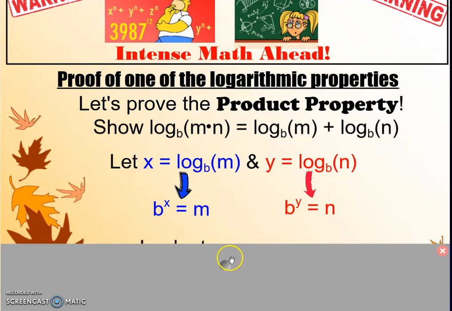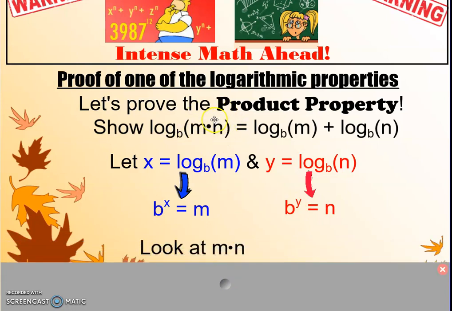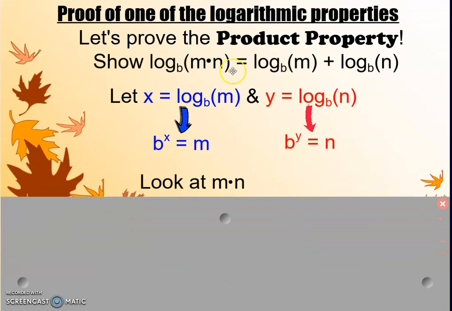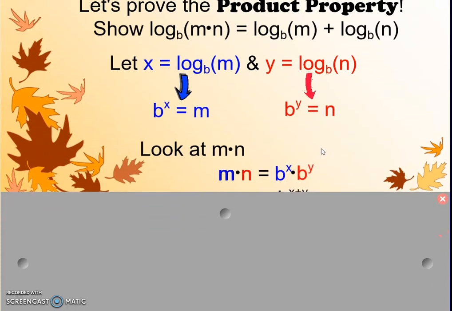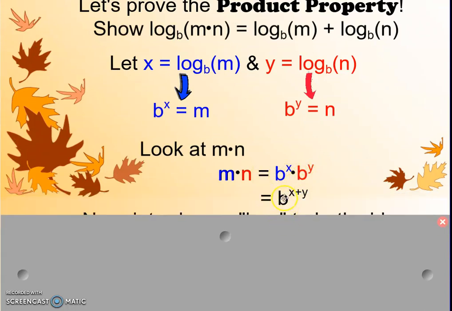So let's take a look at this part inside, m times n. If we look at m times n, according to this definition over here, m is b to the x, n is b to the y. And using our exponent rules, we get that this is b to the x plus y.